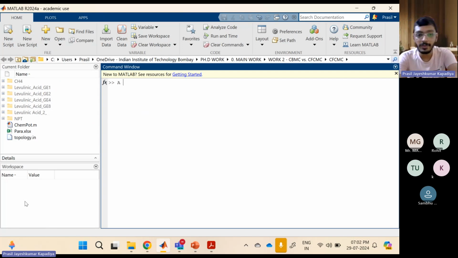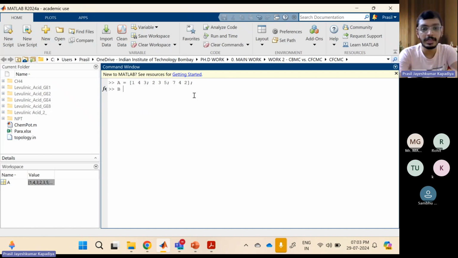Okay, so let me define this matrix again. Let's say 1, 4, 3; 2, 3, 5; and 7, 4, 2. This is my matrix A. I am randomly writing some numbers, and as soon as I write A and put a semicolon, that variable A is created here.